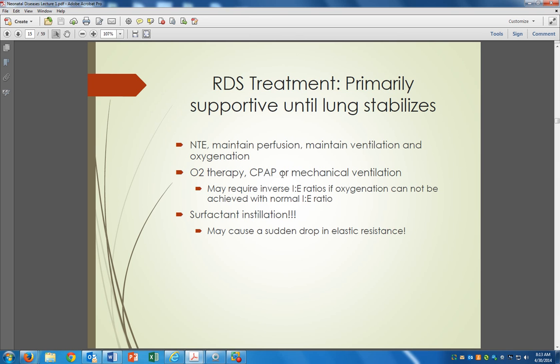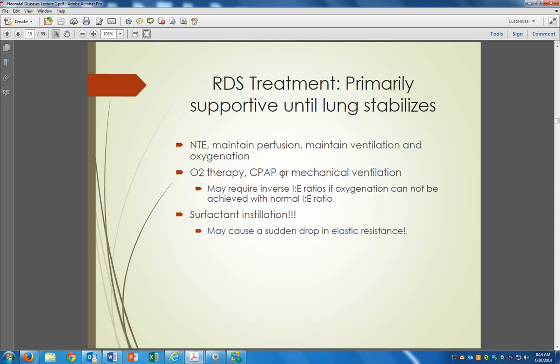So we would increase mean airway pressure, essentially, either way. So that's typically how we do it now, is high-frequency oscillation ventilation. So please watch the video Prezi on high-frequency oscillation ventilation following this section.